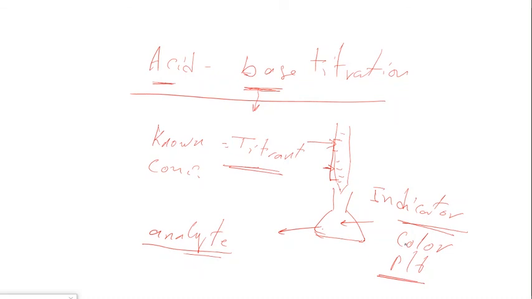So if I'm adding a base to an unknown concentration of an acid, and I added an indicator, a certain drop will make this acid convert to a base, and the end point of my reaction will switch the color of this indicator from a certain color to another.